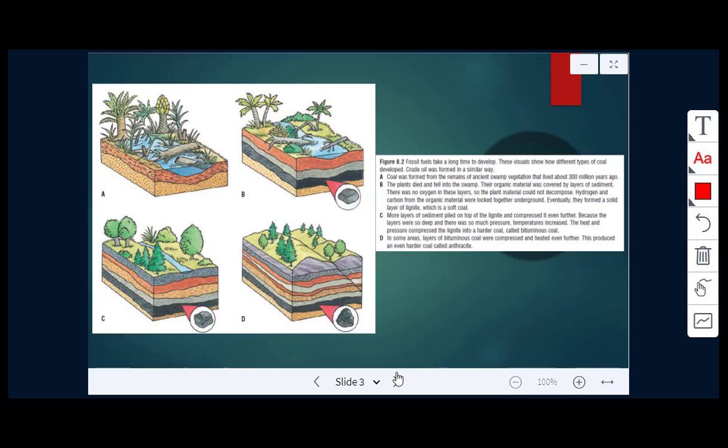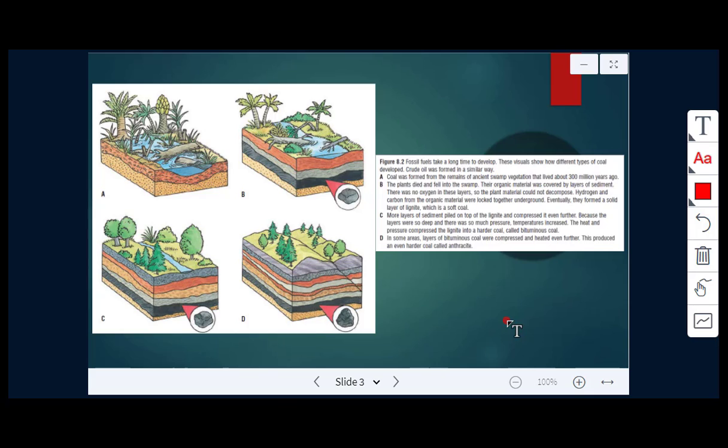All right, so here is just a diagram showing what is happening to basically make fossil fuels. They do take a long time to develop, and this diagram here is showing how different types of coal developed, and crude oil also developed in a similar way. The remains of ancient swamp vegetation that lived about 300 million years ago is how coal was formed.